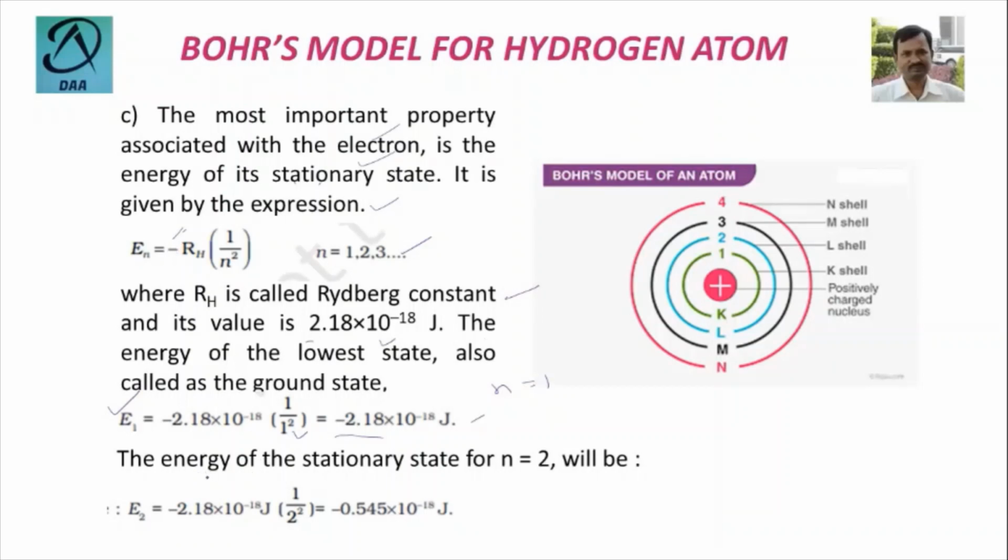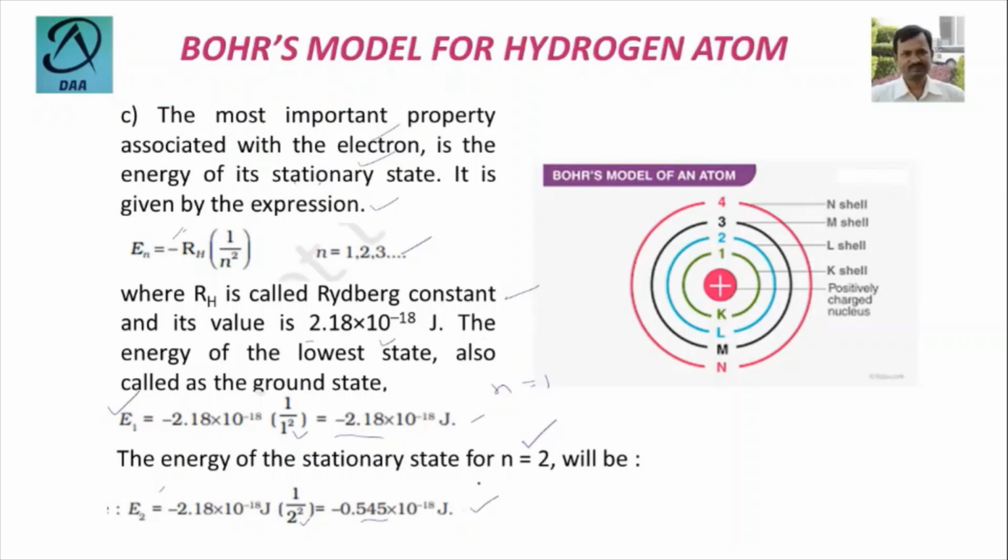And again, when the energy is considered for n equal to 2, that means the second orbit, in that case E2, if you replace n by 2 in the equation, will be minus 0.545 multiplied by 10 to the power minus 18 joule.